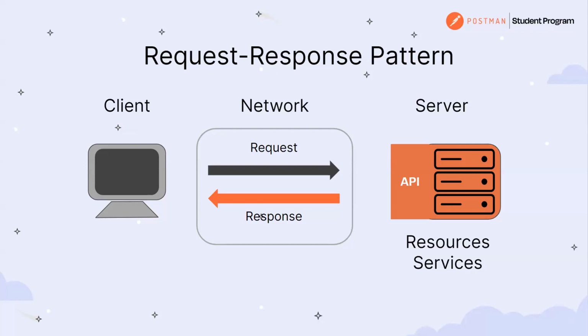The client can interact with an API by making a request over the network to the API, and the API will then evaluate the request and perform the required operation that the client is sending to the server. It may interact with a database or other APIs, then the server sends a response back to the client. So Postman is a client that allows you to make requests and view responses.